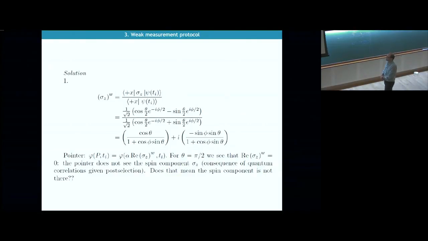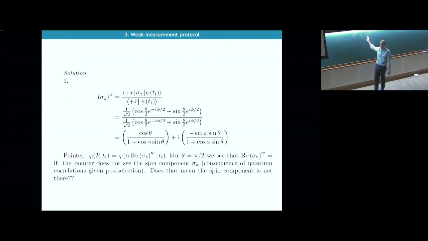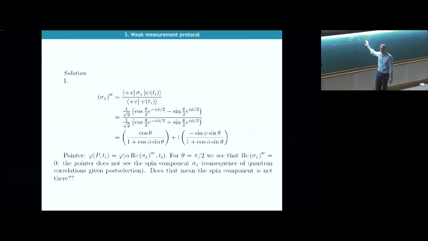And the reason is that if sigma z acts on the plus x state, the transition, so actually it's a spin flip. It goes from plus x to minus x, and so the transition from minus x to plus x cannot happen. So basically, it's very much like we saw yesterday, you cannot reach plus x if sigma z acts on plus x.